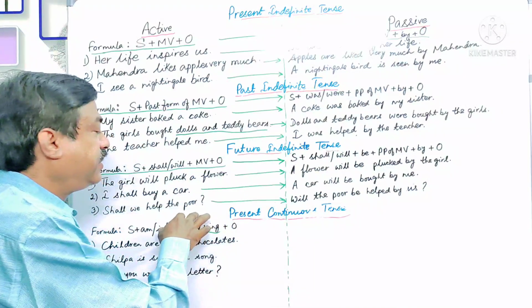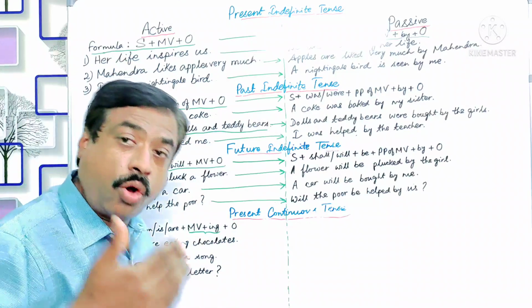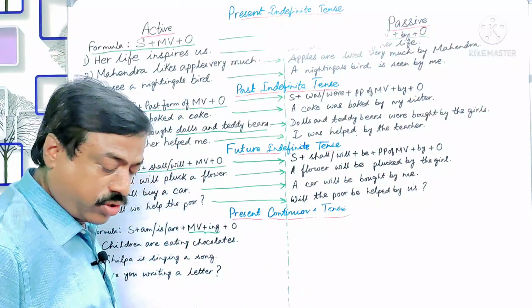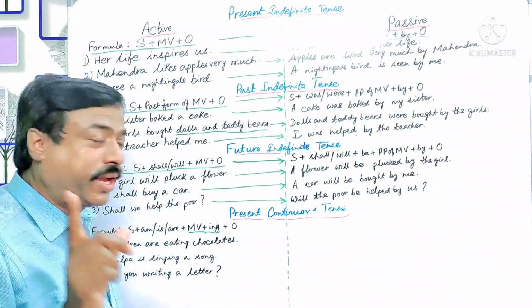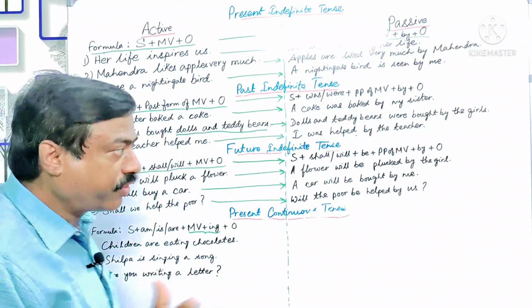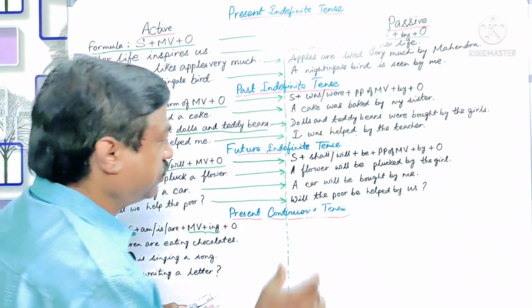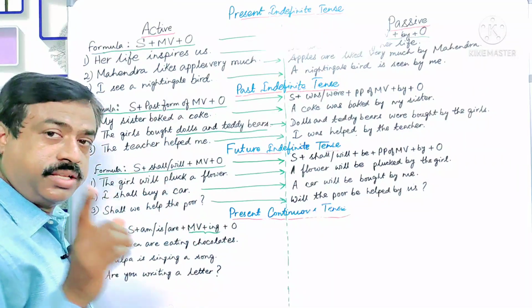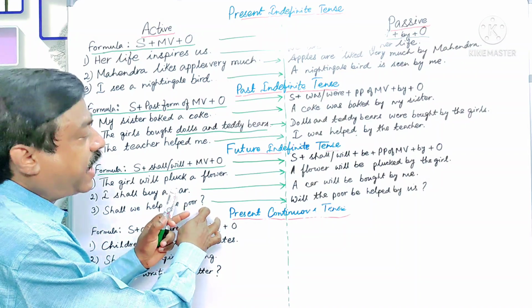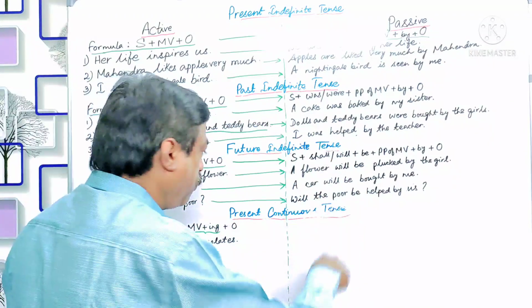If your sentence ends with a question mark in the active voice, in the passive voice your sentence will end with a question mark only. Sometimes students make mistakes here; we have noticed that they forget to use the proper punctuation marks. So here I just want to repeat it once more. Here the sentence ends with a question mark in the active voice, and your sentence also ends with a question mark in the passive voice.